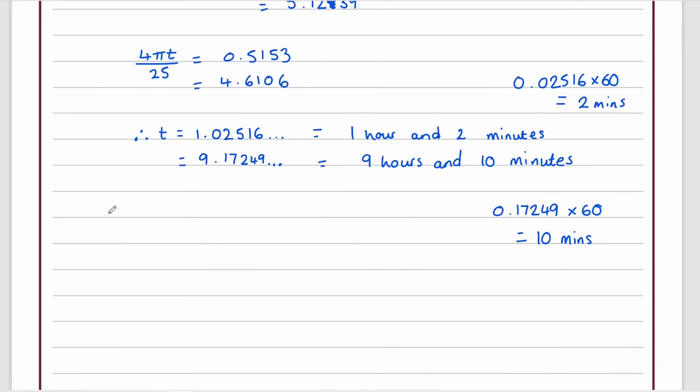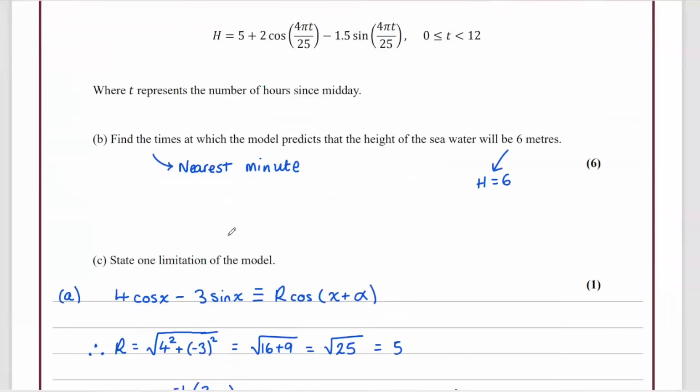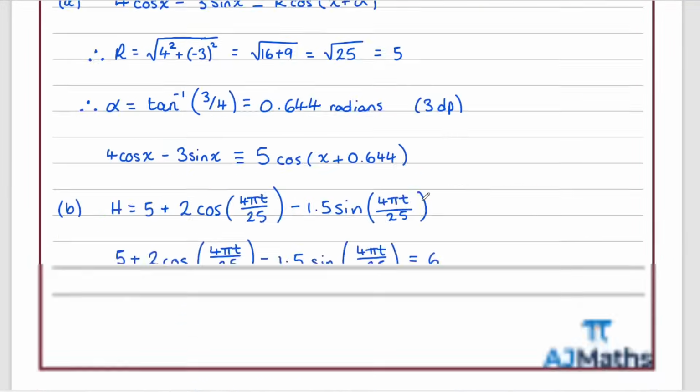So the times at which the height of the seawater, let me just double check I'm getting this grammatically correct, the height of the seawater will be 6 meters, yep.